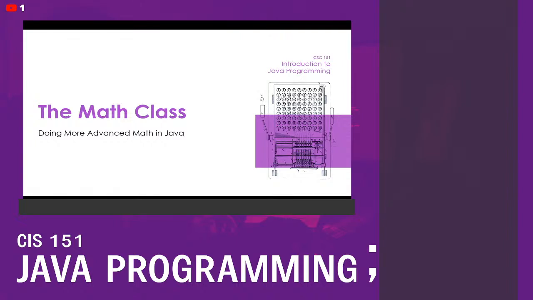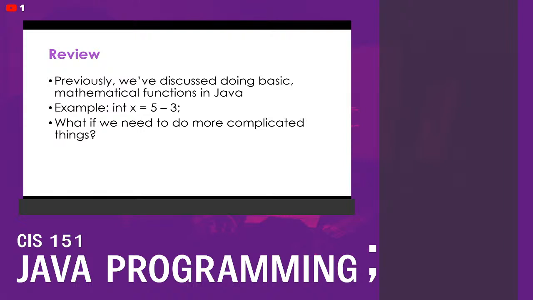So let's start talking about the math class with a little bit of a review. In terms of doing math so far in Java, essentially all we've done is use our arithmetic operators to do basic calculations. We've looked at plus, minus, multiply, divide, and our modulo operator. We're able to do those to get some interesting stuff.